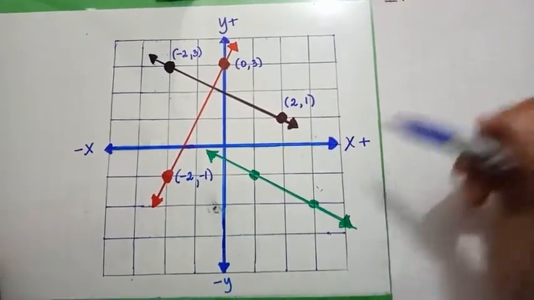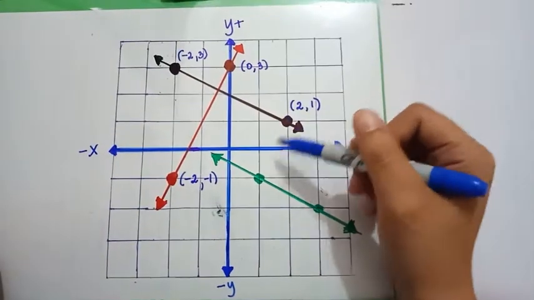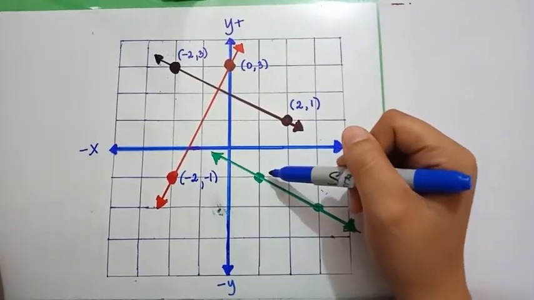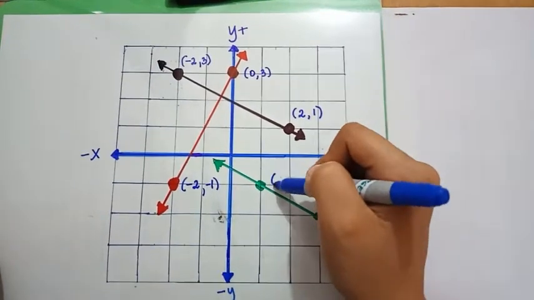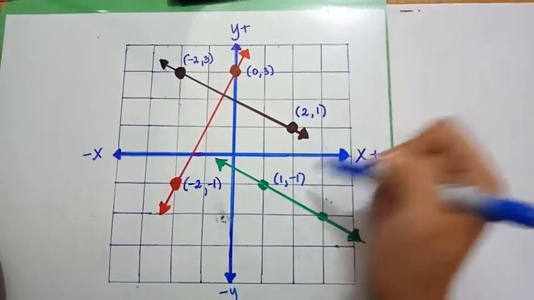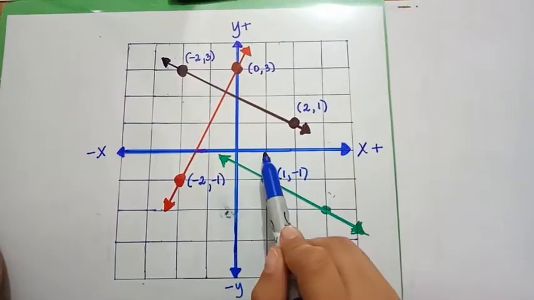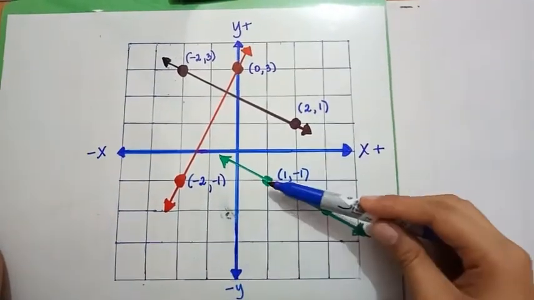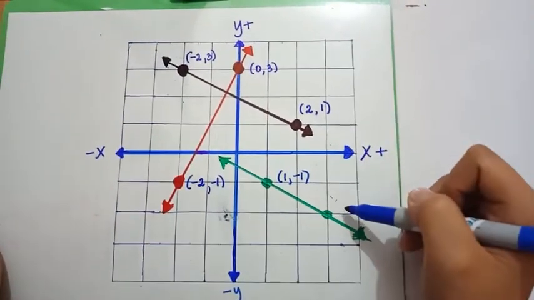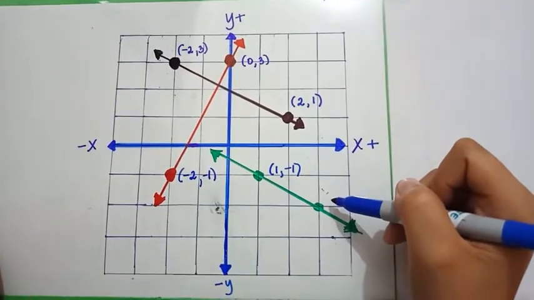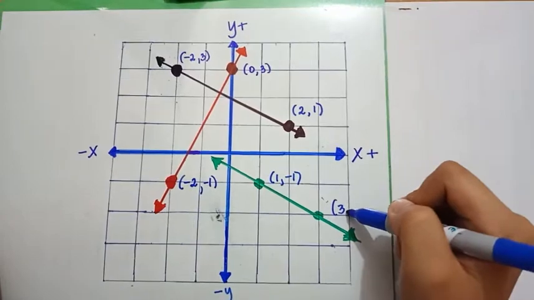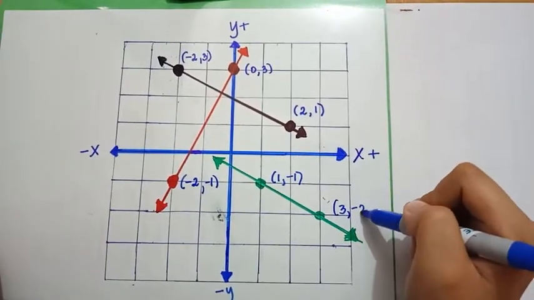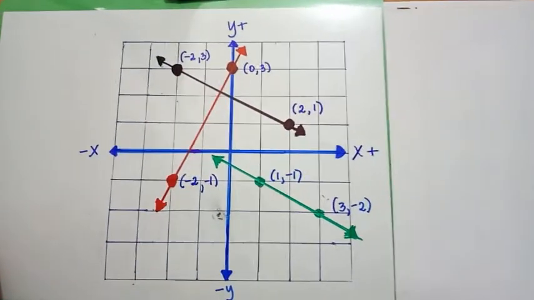So, how about the last line? So, on this point, its coordinate will be, if you answered 1, negative 1, then you're correct. Okay? Positive 1, negative 1. How about this one? If you answered 3, negative 2, then you're correct.